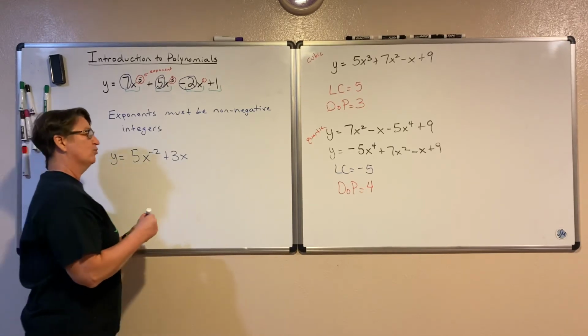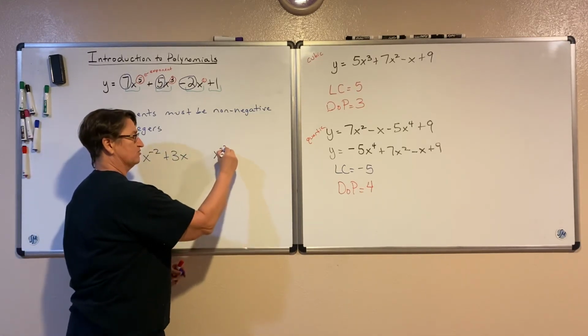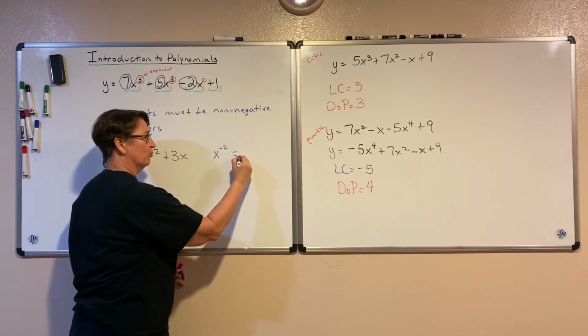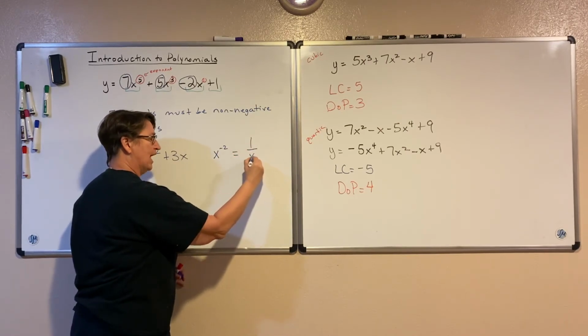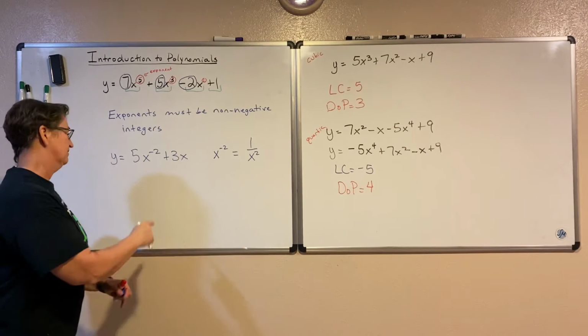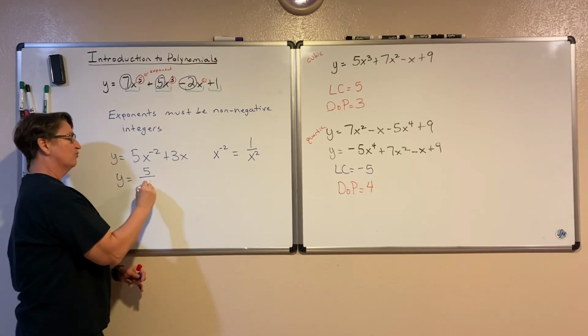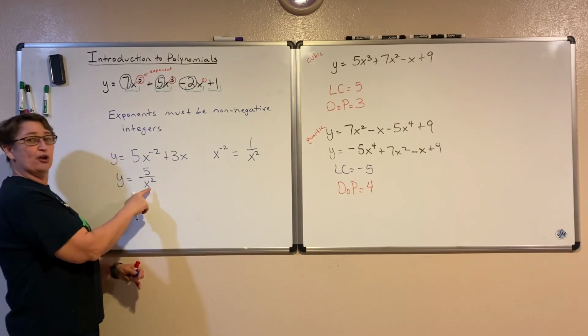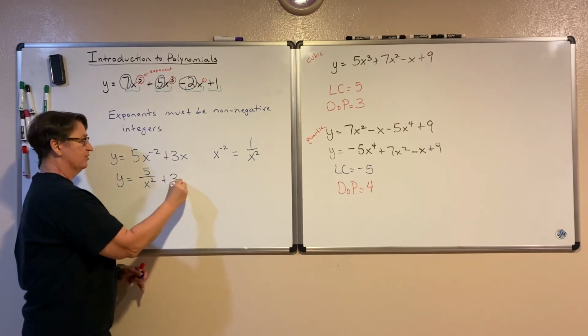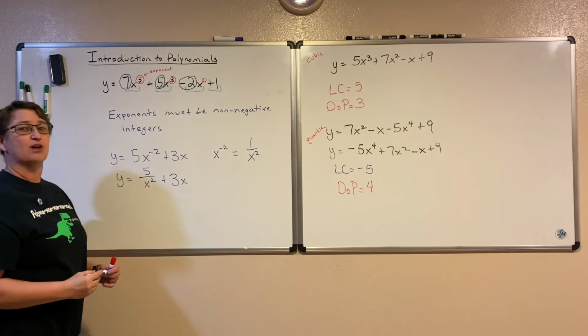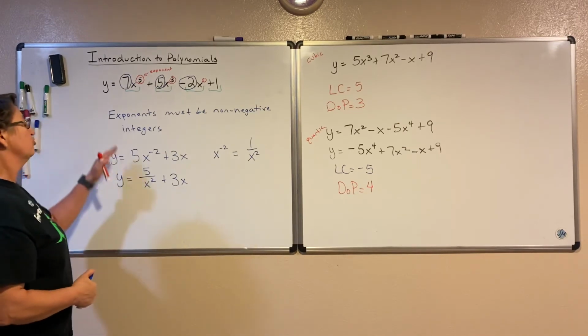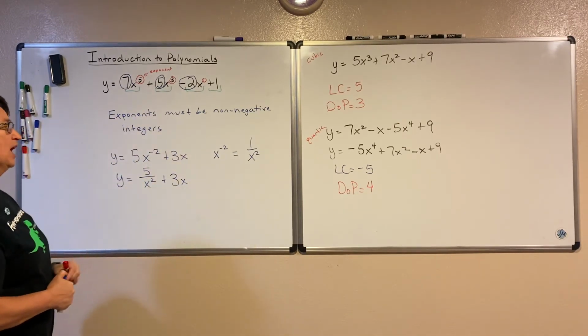And remember that when we have that negative exponent, x to the negative 2 really means 1 over x squared. It reciprocates it. So this function is actually a rational function. It has the x squared on the bottom. This is not a polynomial, it's a rational function. So our exponents must be non-negative.